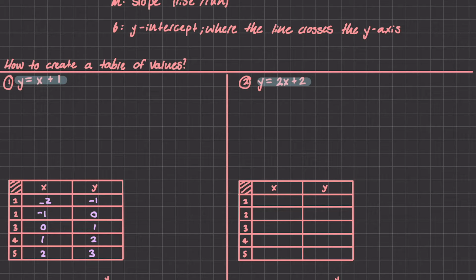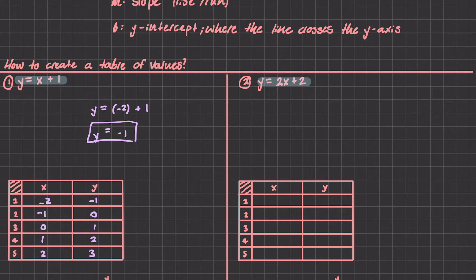So let's take a look at why this is. If we write out the equation, and instead of putting the variable x in these brackets, we can put whatever x value we choose. So say -2. Then we simply use our algebra skills, and we can say to ourselves -2 plus 1 is -1. Therefore y is -1.